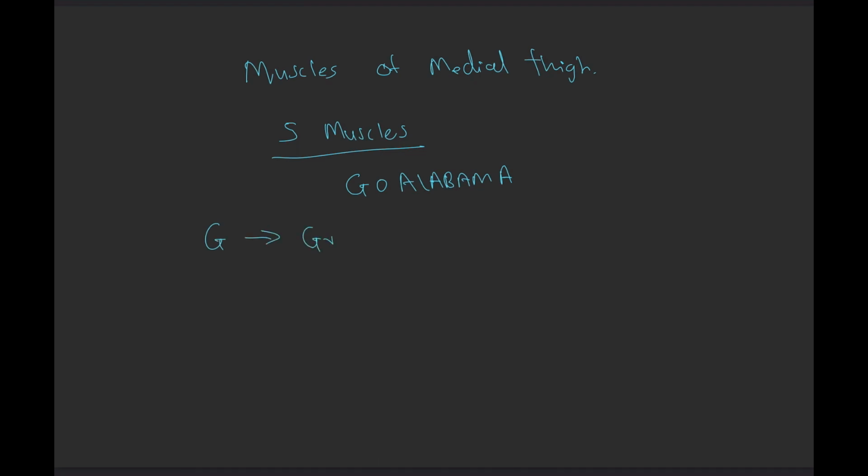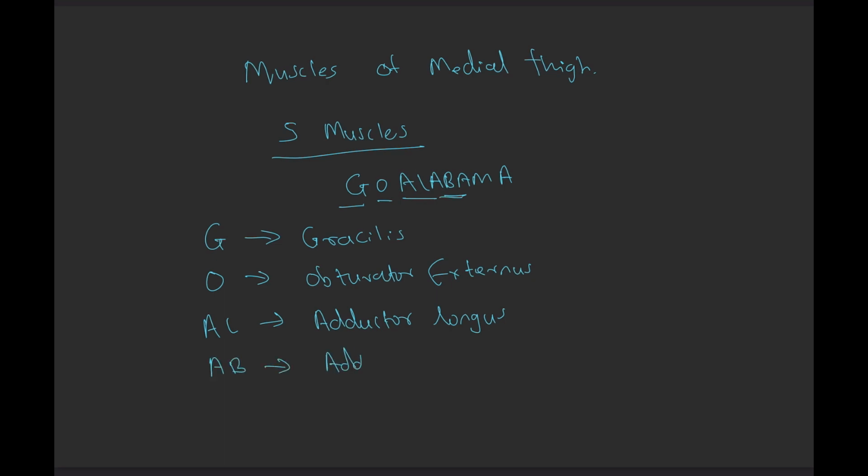G stands for Gracilis, O for Obturator externus, AL stands for Adductor Longus, AB stands for Adductor Brevis, and AMS stands for Adductor Magnus.